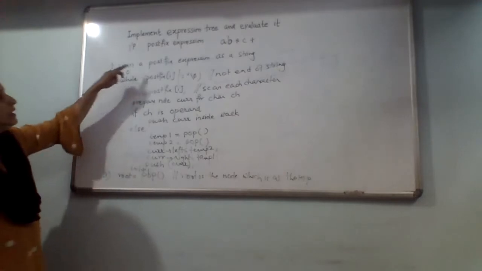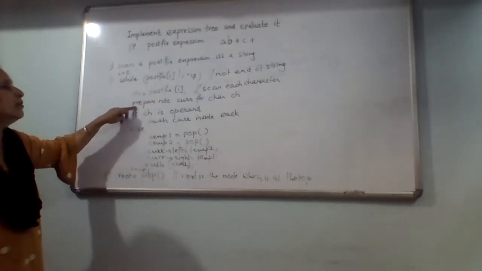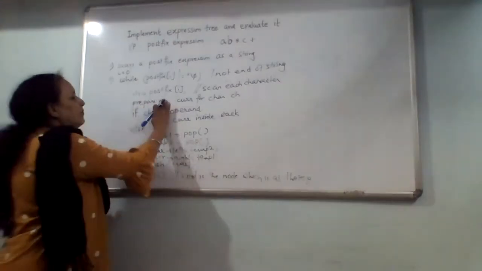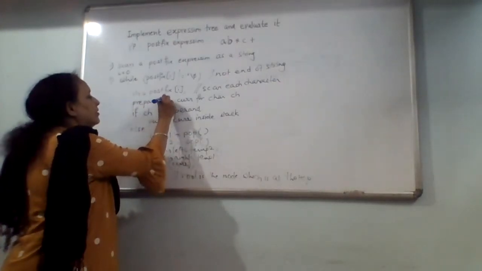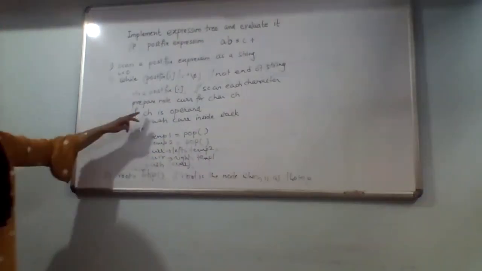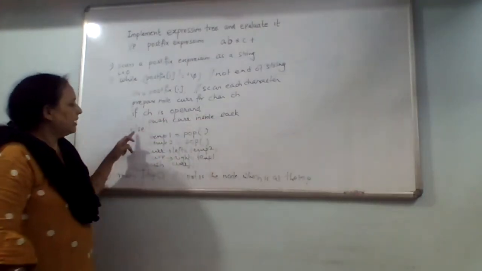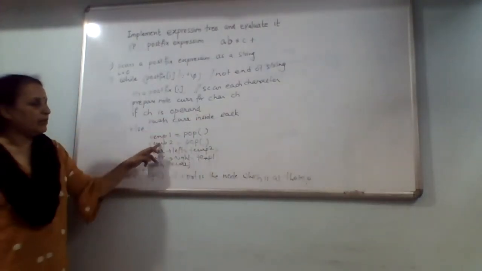Okay. Then you have to scan one character, put it as a character CH. Now prepare a node, node current for character CH. If CH is an operand, push current inside the stack. Else you have to pop two values.